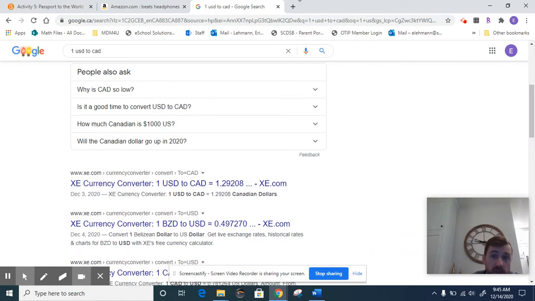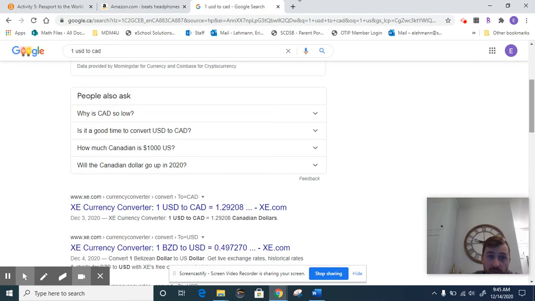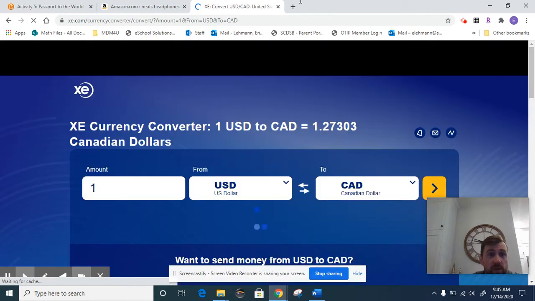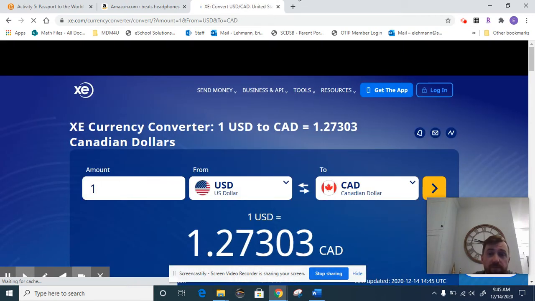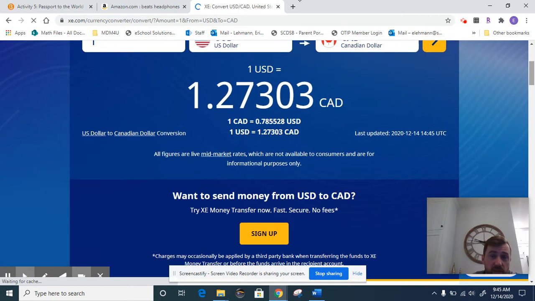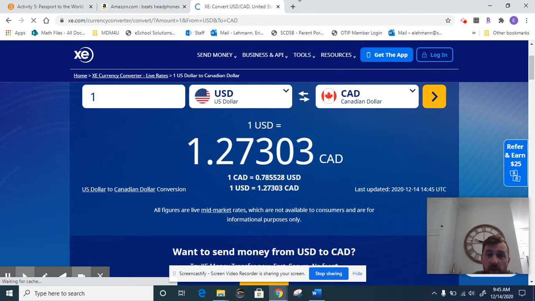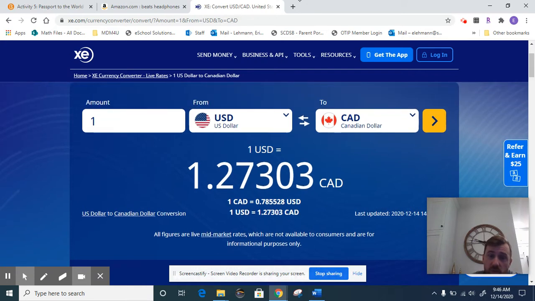xe.com is another one. Now, the one thing you're going to notice is that some of these conversion sites are not quite the same. You'll already see that xe.com is just a little bit more precise. Now, Google might have used the same rate.